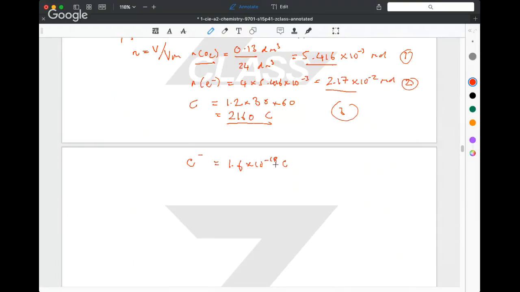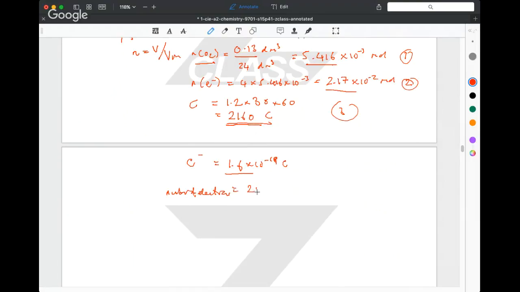Okay, tiny, tiny charge. But so if you had that many coulombs and the charge on each electron is that tiny number, 1.6 times 10 to the minus 19, then the number of electrons, which is what they're asking us to calculate, must be that divided by this tiny number here.